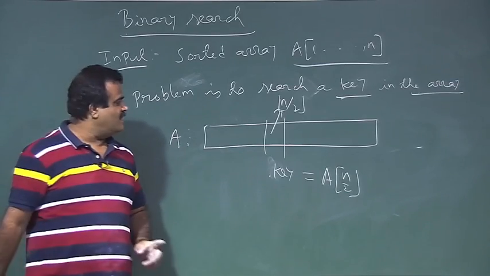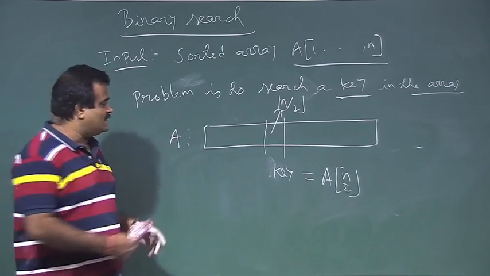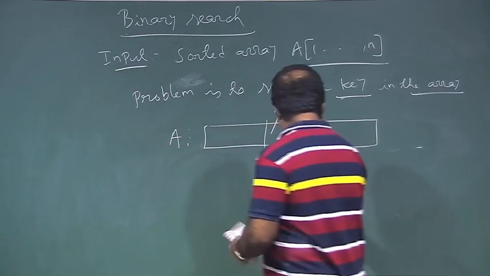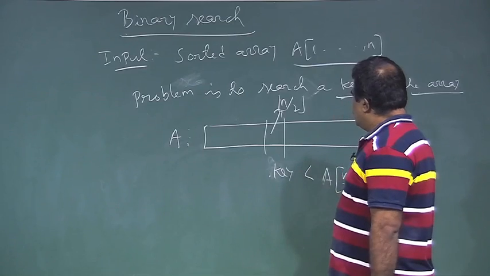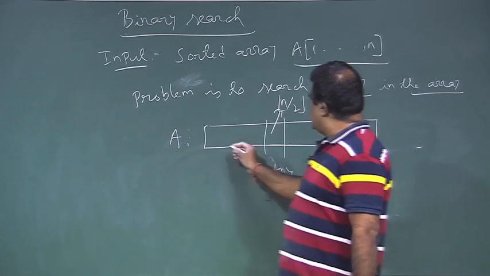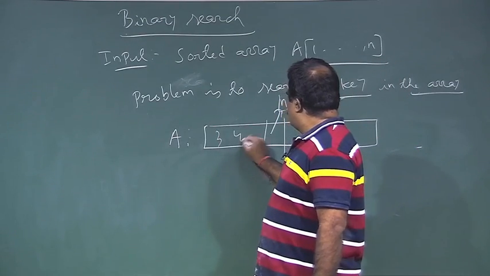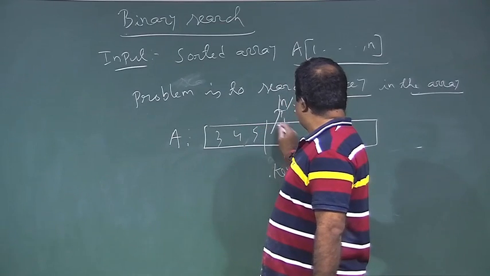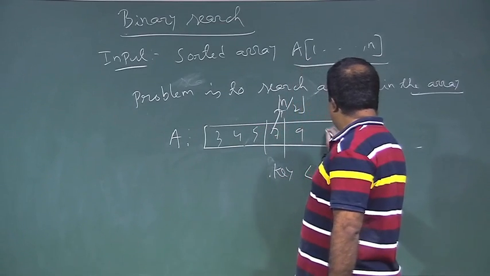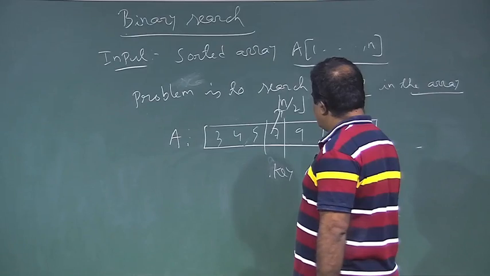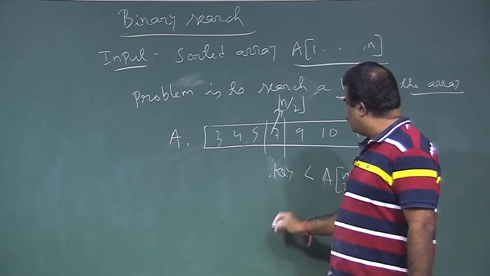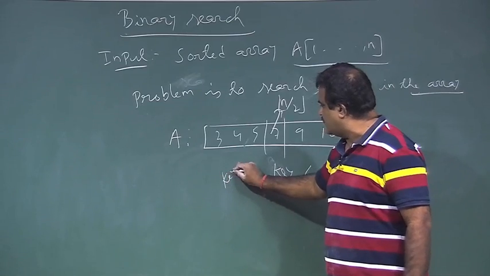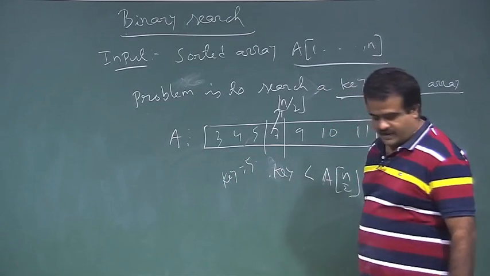best case. But there are 3 possibilities: equal to, we are happy; otherwise if key is less than this. Suppose this array is 3, 4, 5, 7, 9, 10, 11, and suppose we are looking for 5.